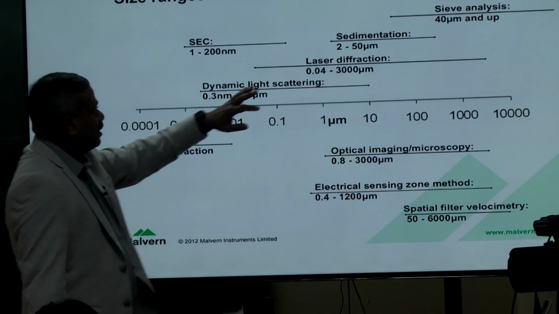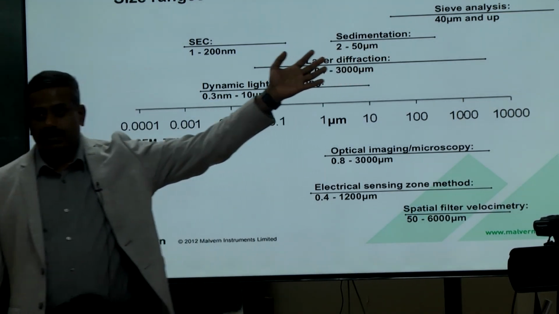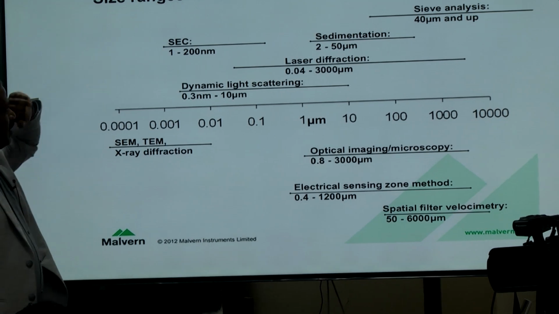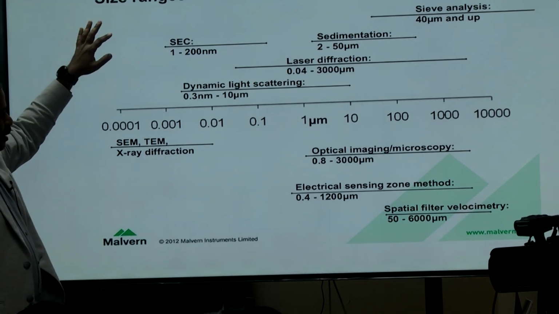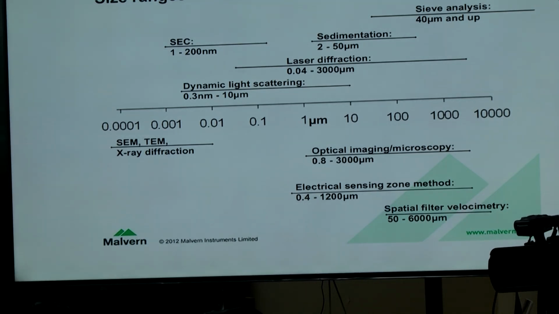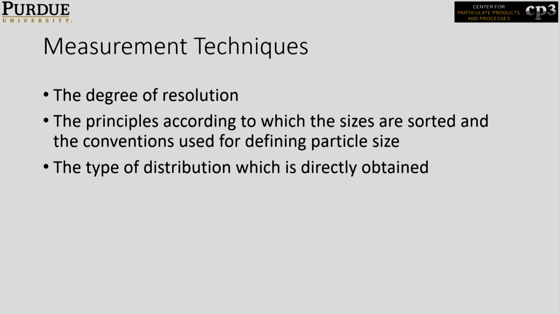So that uses weight. Sedimentation uses Stokes principle, right? Aerodynamic property. Yeah, SEC, it's for very small particles. Optical imaging is for two-dimensional orientations. Laser diffraction uses optical influence, or light influence on particles, right?